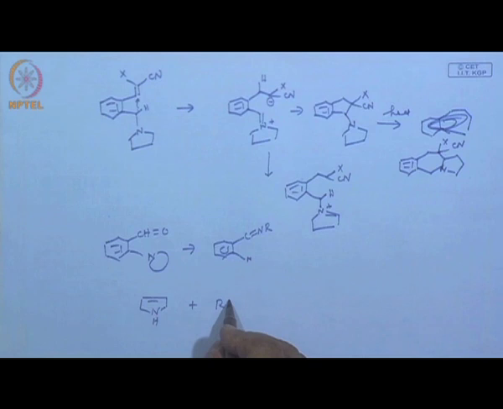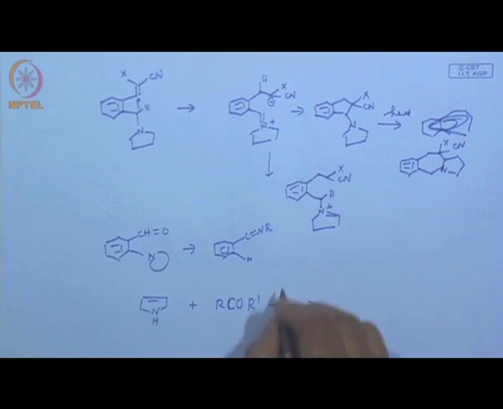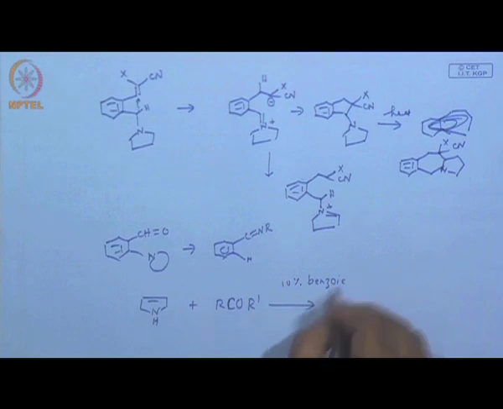Then one more, again a Jack's paper. You take R CO, let us say R prime, and the reaction condition is nothing, just 10% benzoic acid, and then it was heated in toluene.